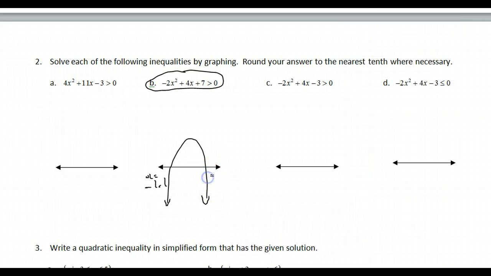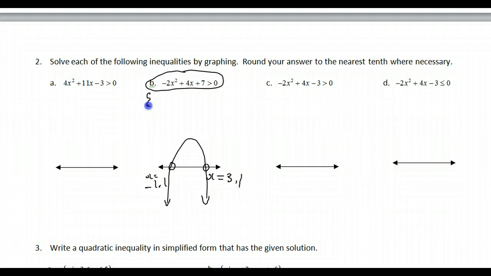So let's go over here. X is equal to 3.1. Now, we want strictly greater than 0. Here are the values that are greater than 0, right? This is above, because this is what our graph looks like. We don't want to include these x values because we're strictly greater than. If we were less than or equal to, greater than or equal to, we would include those.